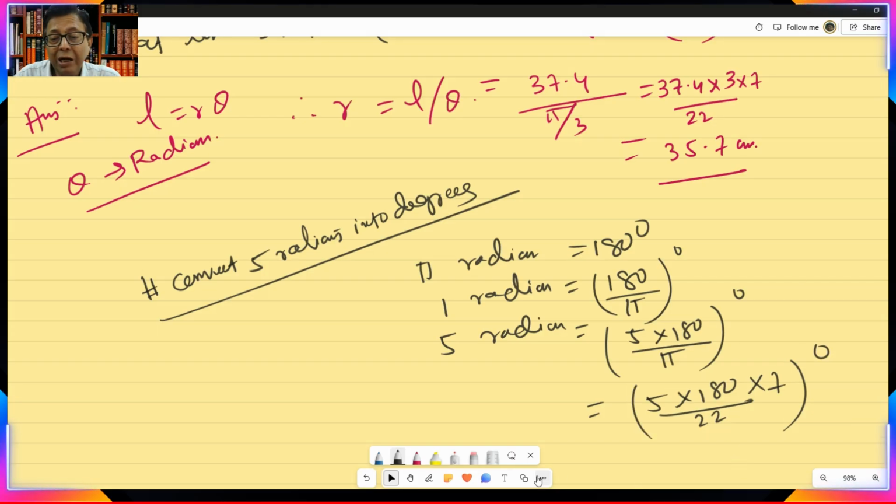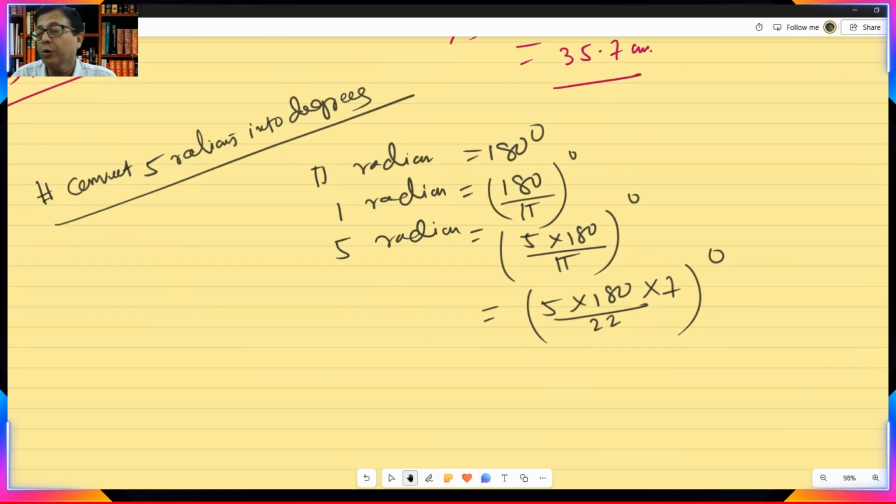Okay? I want to express this in terms of degree and minute both. So let us multiply 180 by 35 and divide by 22. Just do that. 35 into 180, find it first. 6300 by 22 degrees.